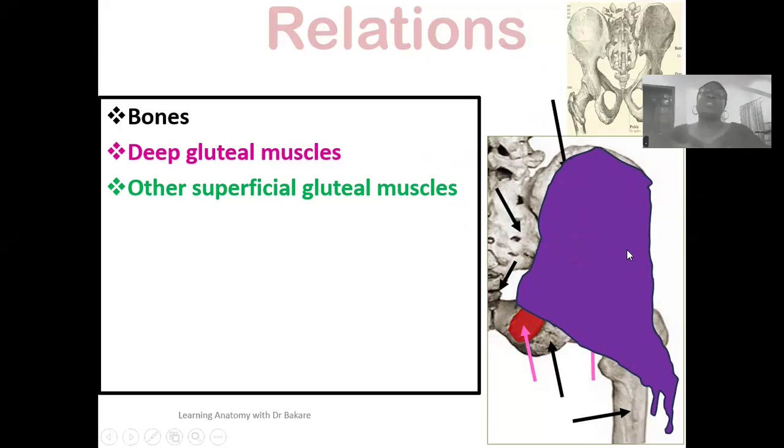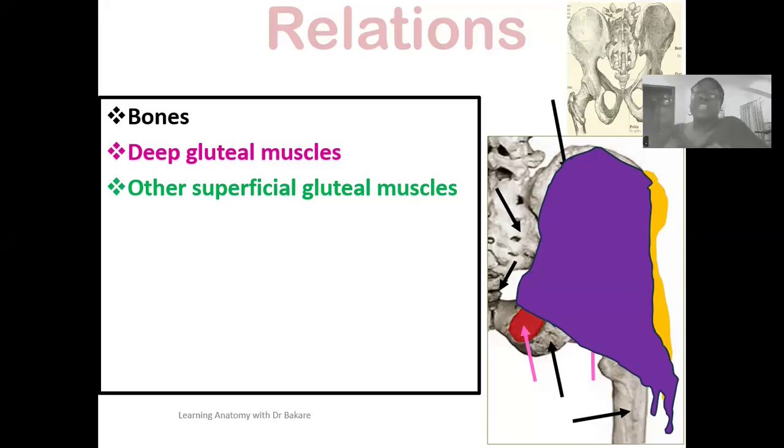So you say that the gluteus maximus is also related to the other muscles that are located within the superficial compartment of the gluteal region. If you go more laterally on this lateral edge that is highlighted here in yellow, we have tensor fasciae latae. So this is how these muscles within the superficial gluteal region will come together to form the superficial layer of the gluteal region.